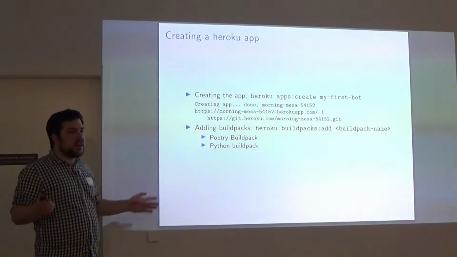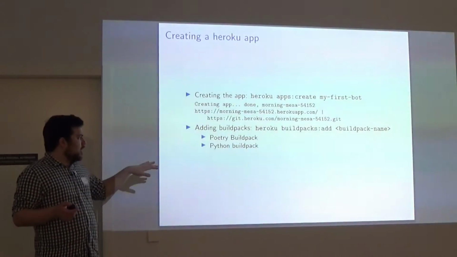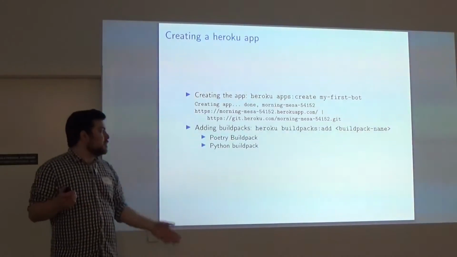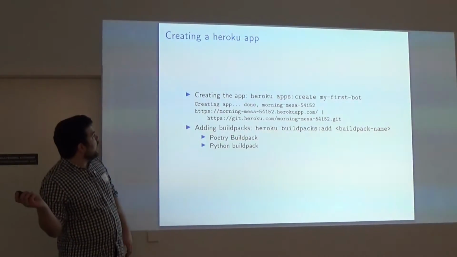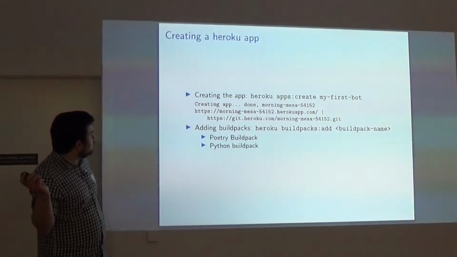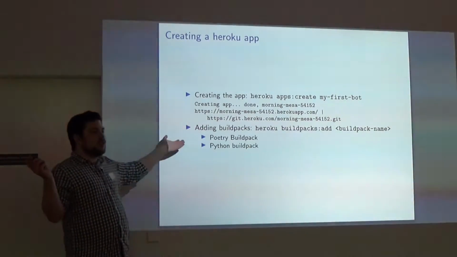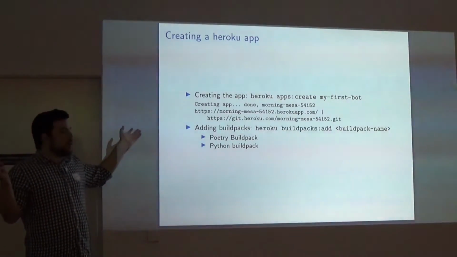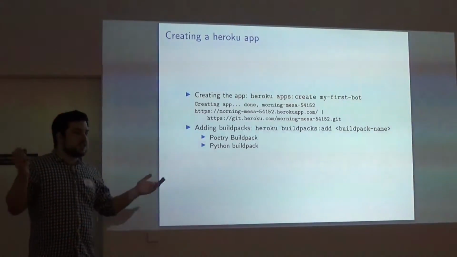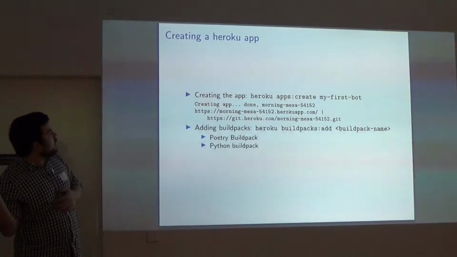This works very nicely, and apparently they are working on owning this buildpack. I thought I put the URLs. Well, if you look for buildpack Heroku Poetry, you will find it very quickly. It has a lot of stars, it's very nice, so yeah.